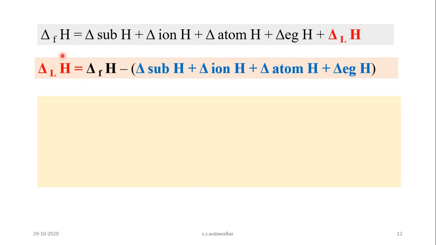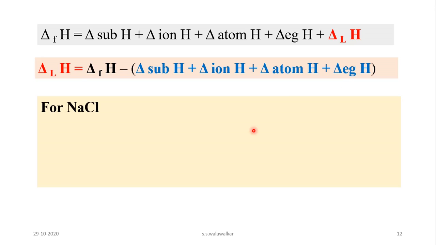And if you know these values, then you can calculate the crystal lattice enthalpy. So crystal lattice enthalpy is equal to enthalpy of formation minus the addition of all these, that is, enthalpy of sublimation plus enthalpy of ionization plus enthalpy of atomization plus electron gain enthalpy.